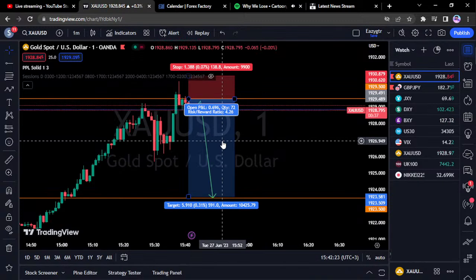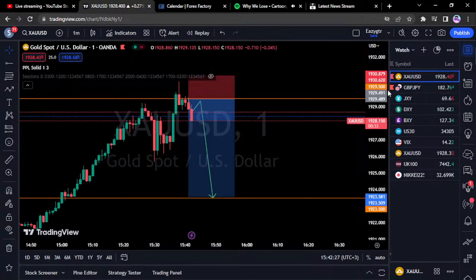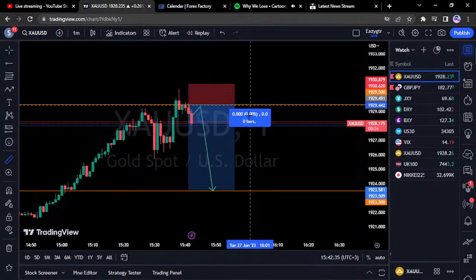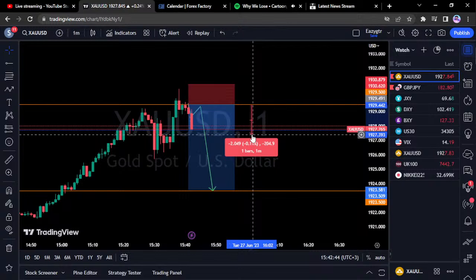So my take profit is at 1923.500. So when you get to 20 pips, as usual, we'll close half the trade, then move the other portion of the trade to break even. There's absolutely no reason for you to lose this trade right now.